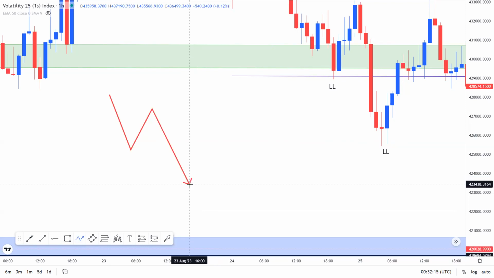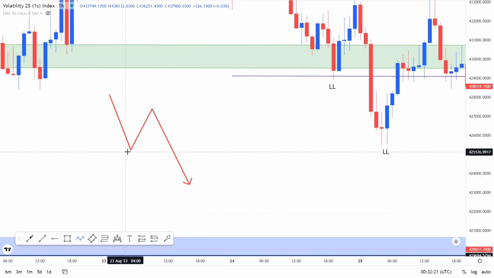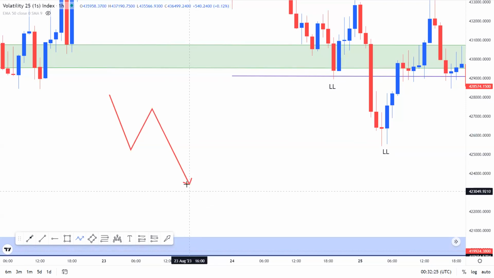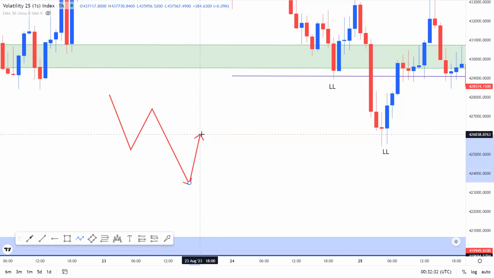It's always best, once you have clearly identified the break of a structural level, in this case, a previous lower low, with price forming a new lower low, to wait for some form of a retracement, for price to come a little bit higher.